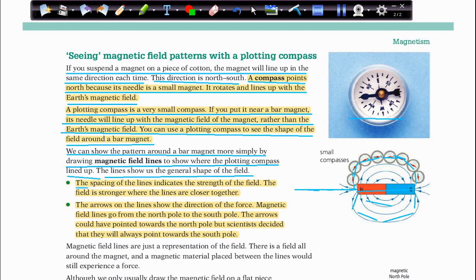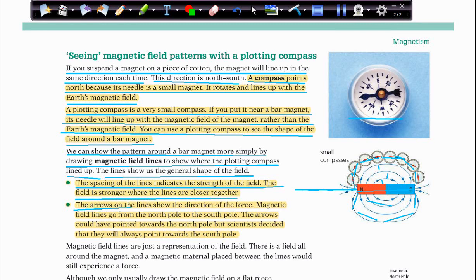The spacing of the lines indicates the strength of the field. Here the spacing, this space and this space and this space. The closer you get to the bar magnet, the stronger the magnetic field gets. When you get away from it, the magnetic field gets weaker. So the field is stronger where lines are closer together.